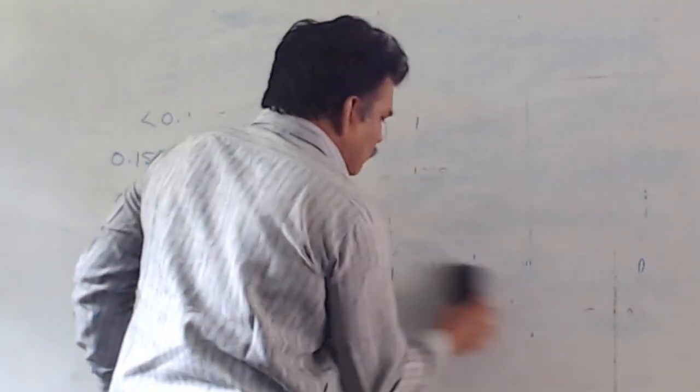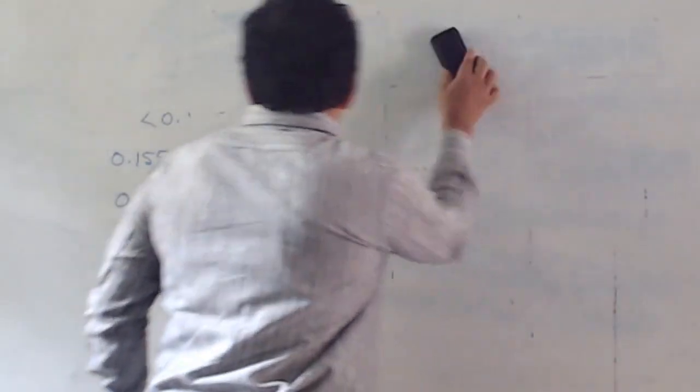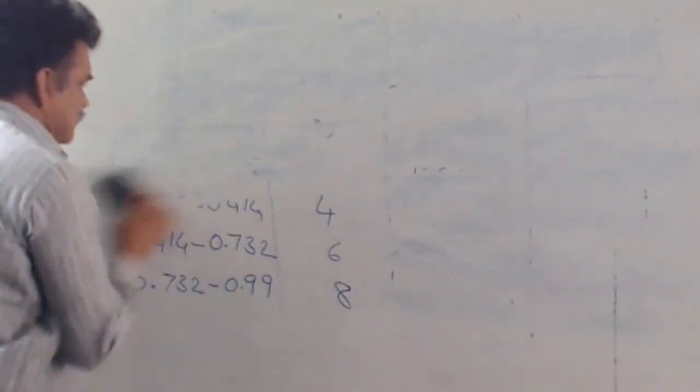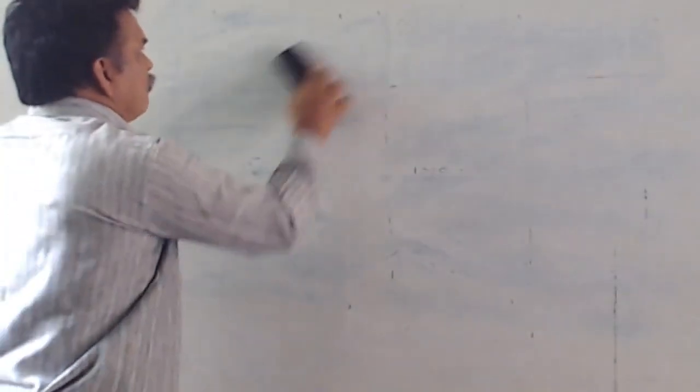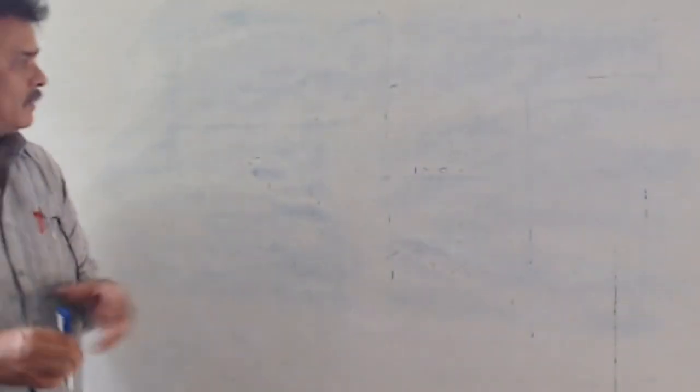The surfaces touch each other, thereby we get some vacant space. That vacant space is called void.